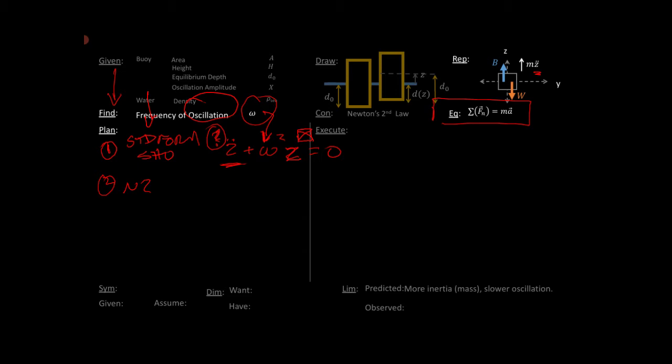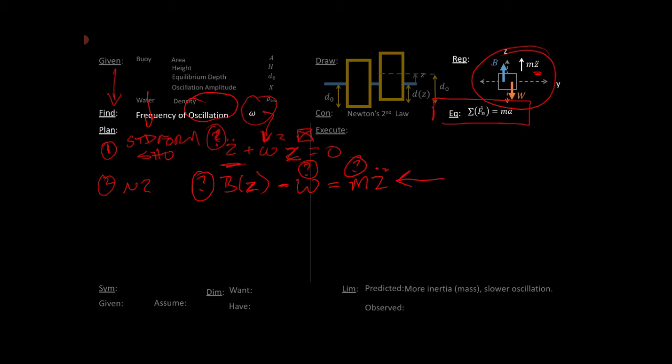And we can use the free body diagram to set that up. So we've got B. I'll call that B of z, right? Because this B is a function of z, which is something we don't know yet. But that minus the weight, which is also something we don't know, is equal to m z double dot. We also don't know m. So those are three question marks right there, just to find that z double dot.